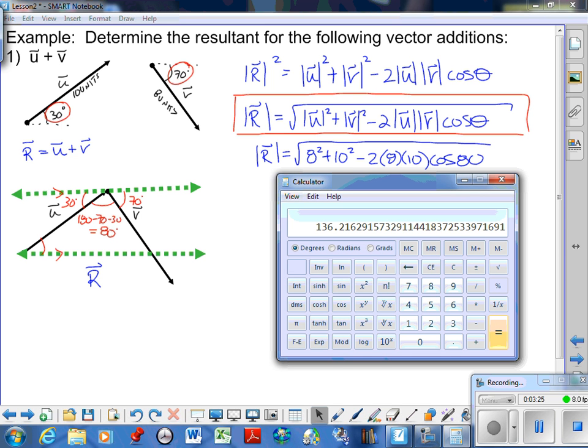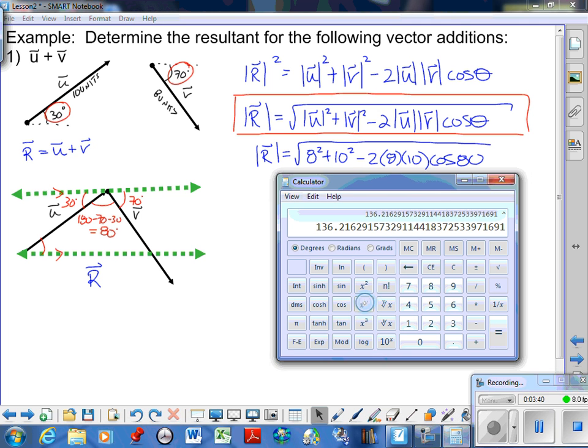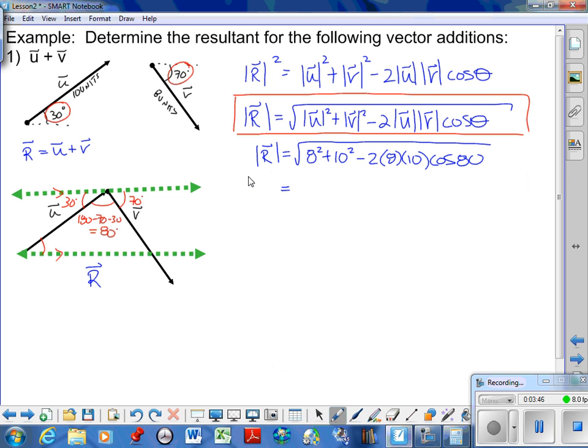I'm going to take the square root of that answer. My square root button's not handy, so I'm just going to take it to the exponent 0.5, which is the same as the square root. And you should get 11.7. So the magnitude of the vector is 11.7 units.